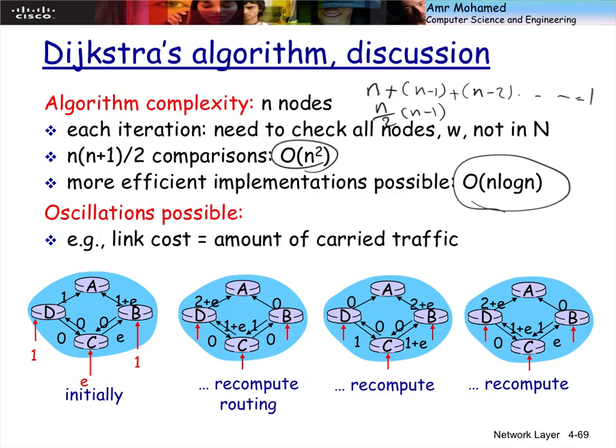They will oscillate. Based on the scenario that we talked about. If we assume that initially the cost of a link is 0, and if I add traffic to this link, depending on the load that this traffic causes, the cost will be updated. In other words, it's a real-time cost update.